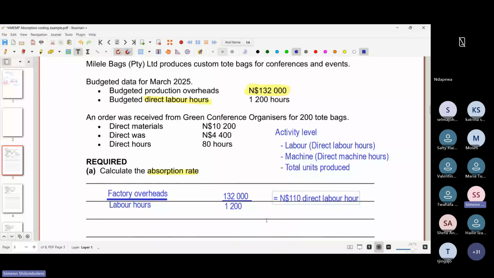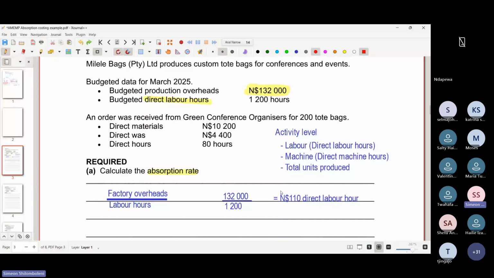Now you are saying, if you bring us an order, every hour that we are spending on your order, you need to pay 110. That is going to contribute to our fixed costs. Do we understand that statement?